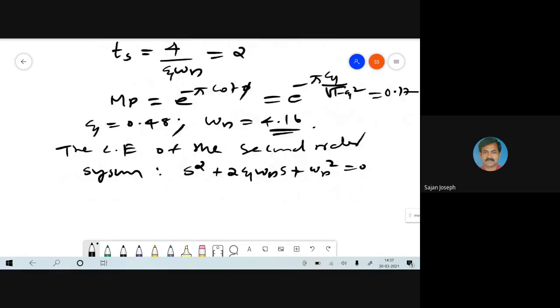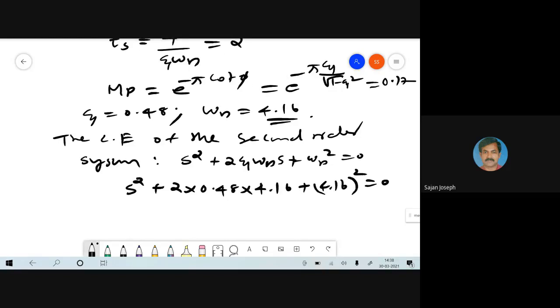That means s square plus 2 into 0.48 into 4.16 s plus 4.16 square is equal to 0.